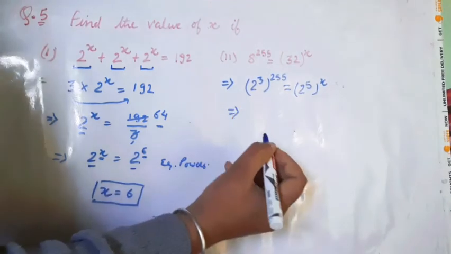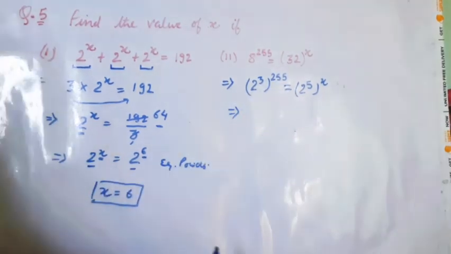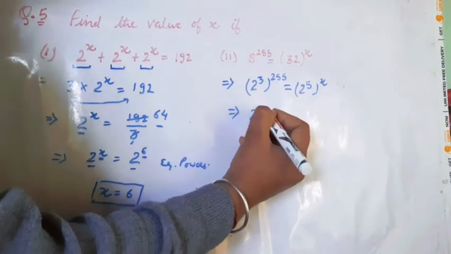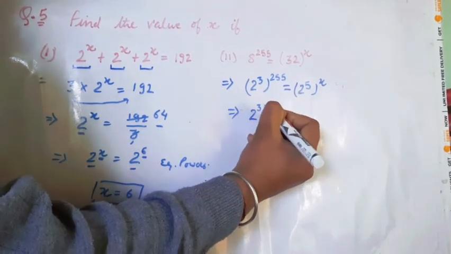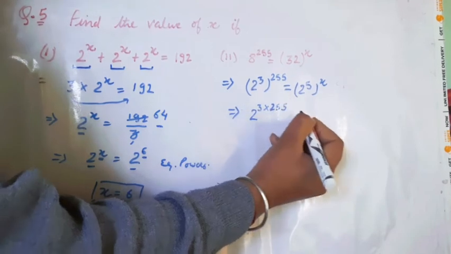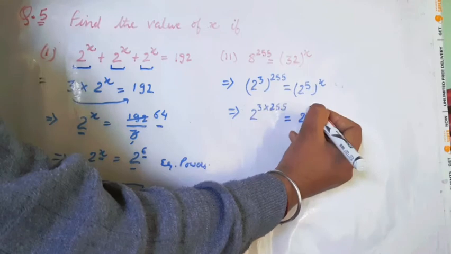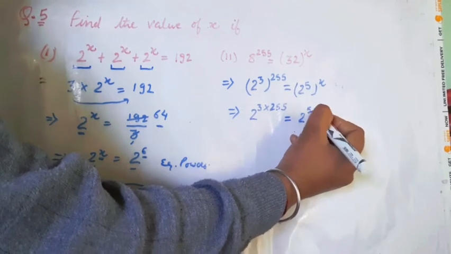This implies that now the powers will be multiplied in both sides. So this is equals to 2 raised to power 3 into 255 will be equals to 2 raised to power 5 multiplied by x.